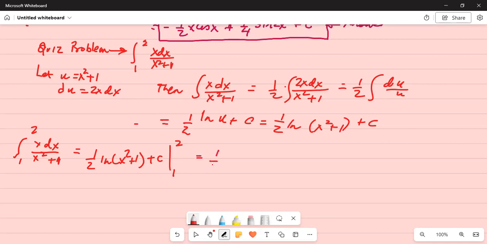We will put the first limit: half ln 2 squared plus 1 plus c, minus half ln 1 squared plus 1 plus c, inside the parenthesis.